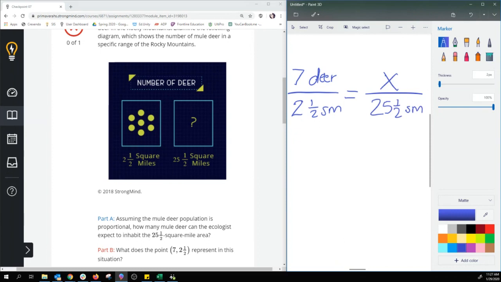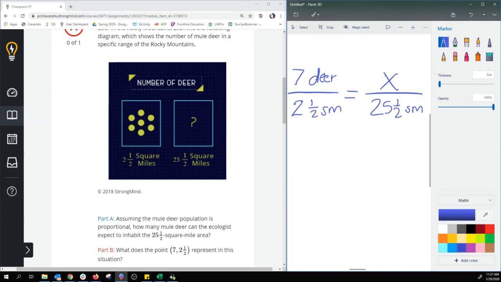Okay. So this is where this problem gets a little bit tricky. And we have a few different options that we can do to solve this. The first one that I think is probably most beneficial to prepare you guys for 8th grade is to do something that's called cross multiplication. Have any of you guys heard of that before?